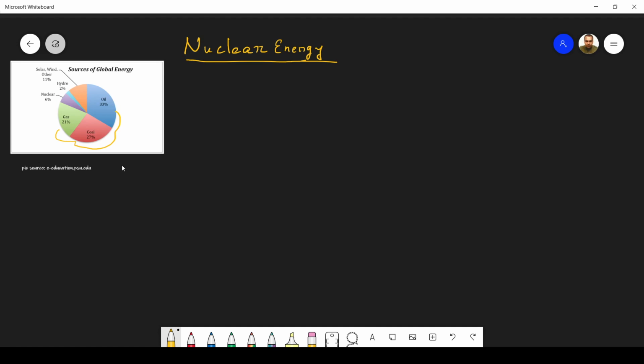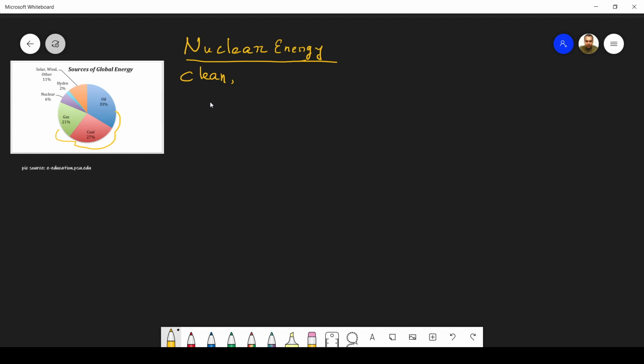So first of all, nuclear energy is a clean source of energy. It does not cause environmental pollution, like coal or oil. However, we'll discuss the disadvantages later.